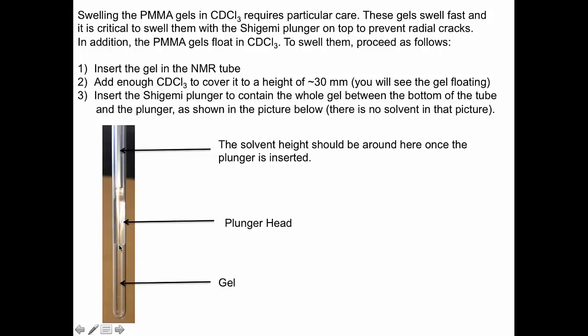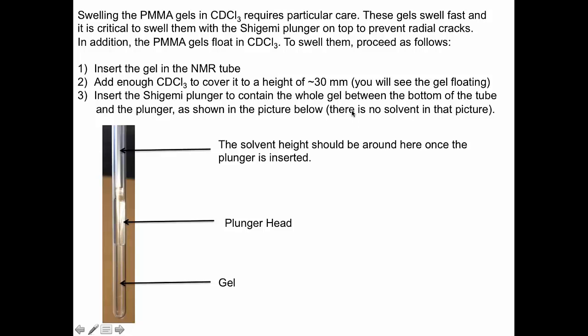Normally, in the traditional method, when I've been doing this, we put the plunger to avoid the gel cracking here, because it's swelling fast, and if you leave it without the plunger, it will crack. So it says here, insert the Shigemi plunger to contain the whole gel between the bottom of the tube and the plunger, as shown in the picture.